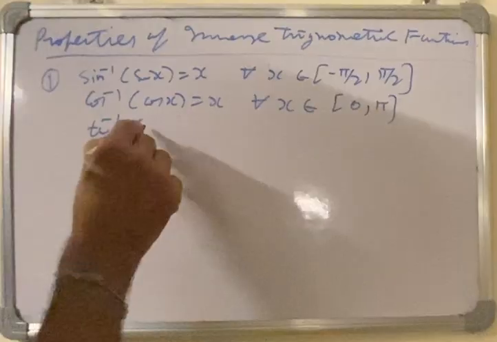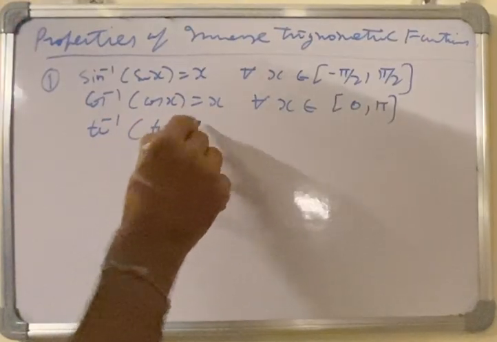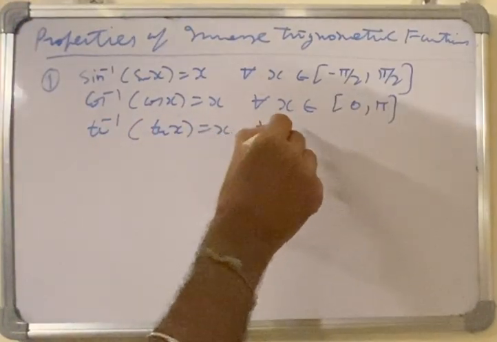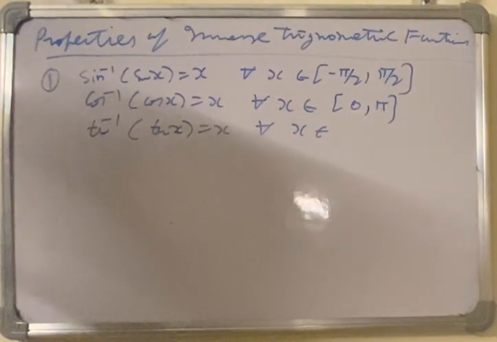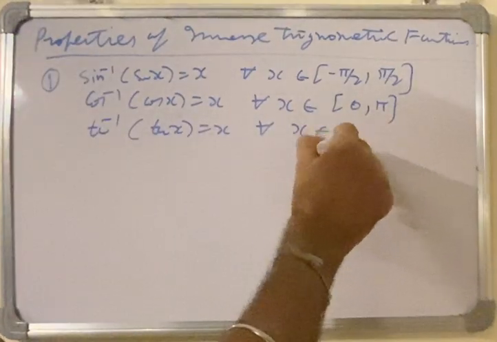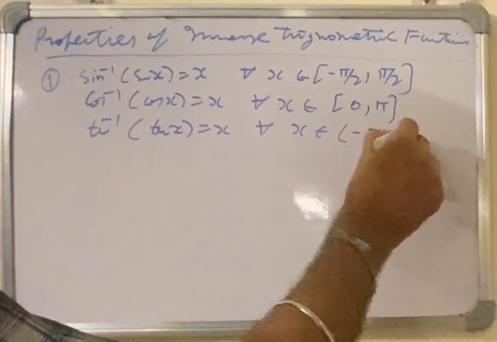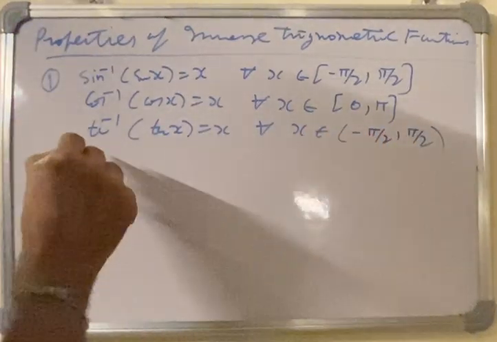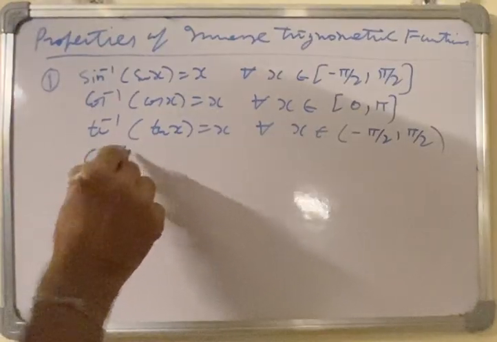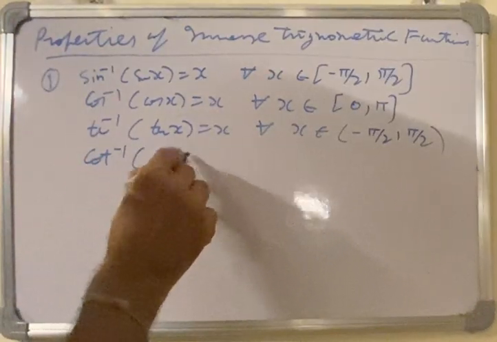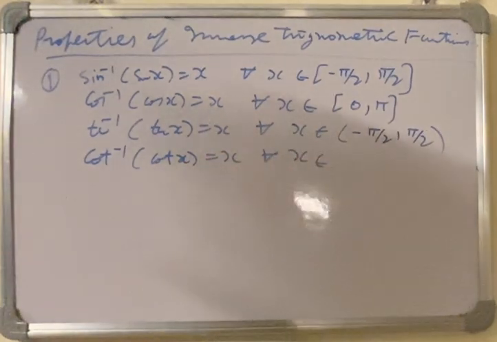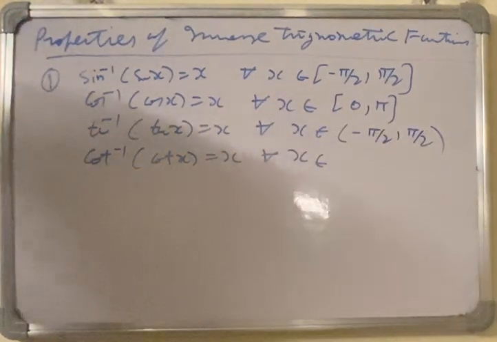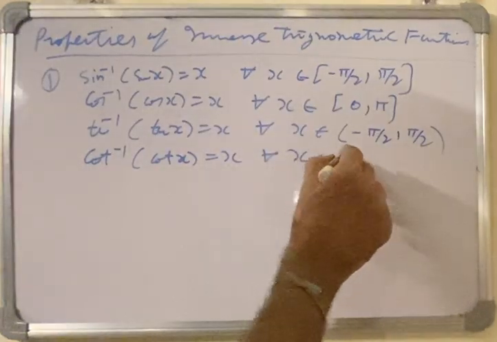Tan inverse tan x is equal to x for all x belonging to the open interval minus pi by 2 to pi by 2. Cot inverse cot x is equal to x for all x belonging to the open interval 0 to pi.